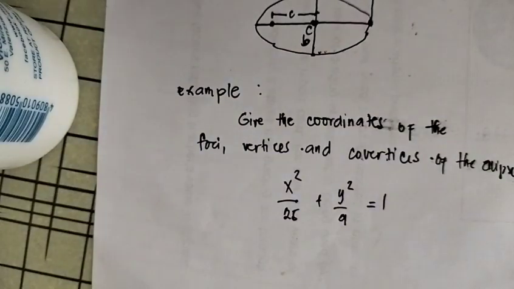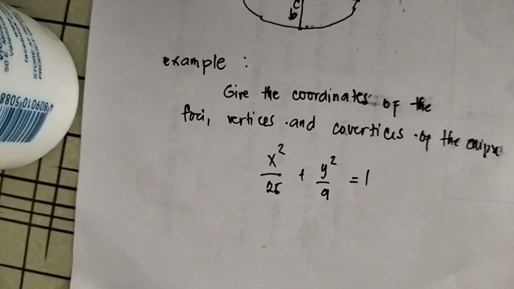Your co-vertices are on your minor axis. Then sketch the graph and include the points.